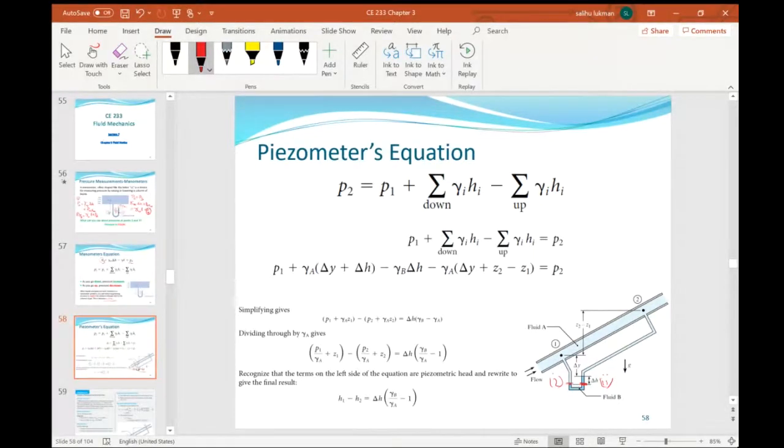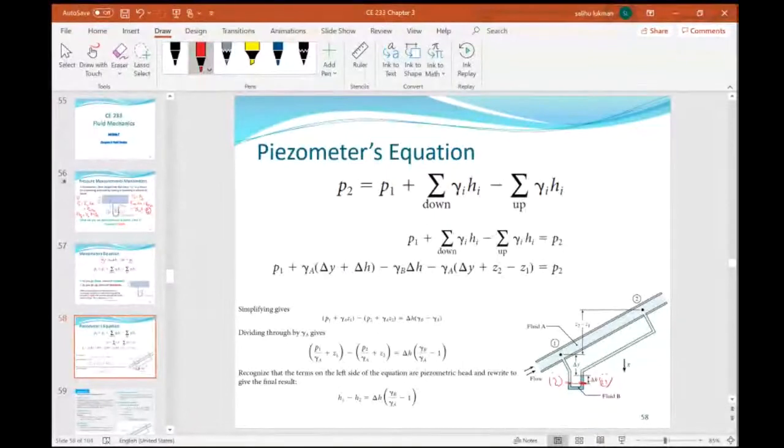Let's write the pressure expression for each of these points. Just going by what we did before, it's very simple. For point 1, that is the left side, the pressure here is due to the height of the water up to point 1, which is given by delta H and delta Y.